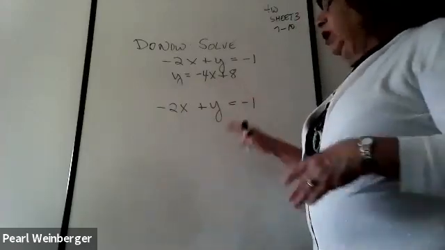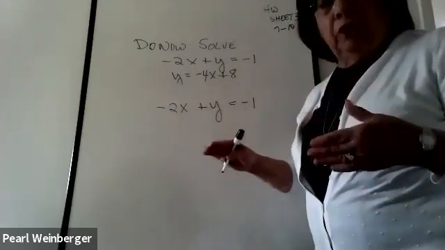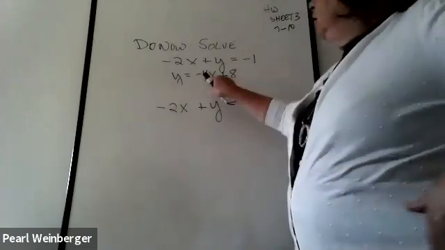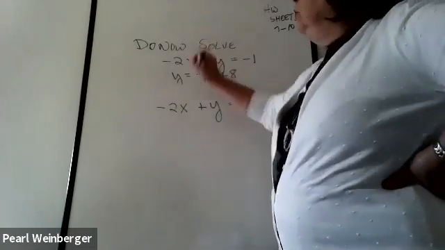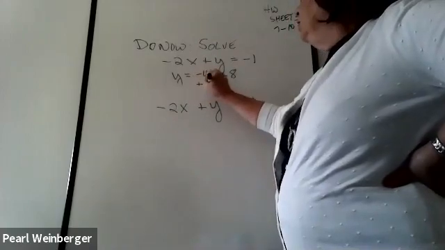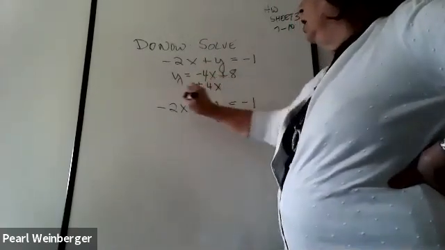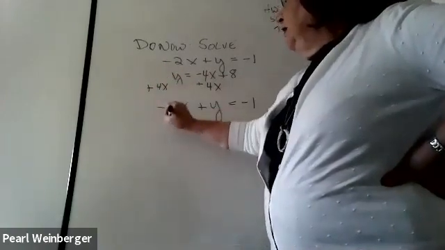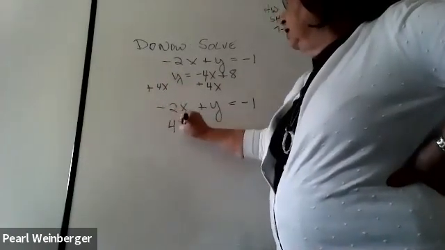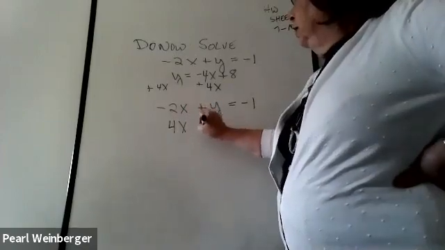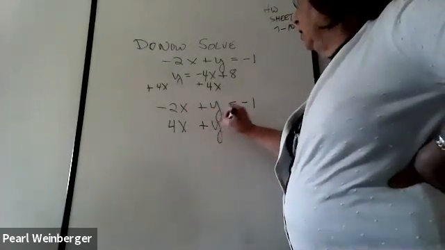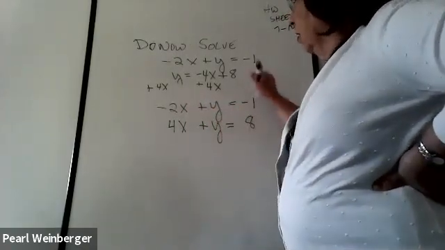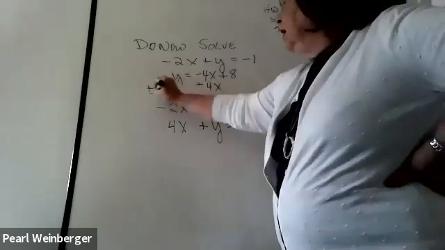So if we want to use the elimination method, we need both of them in standard form. So I have to get this negative 4x to the other side of the equation with the y. So I'll add 4x to both sides, and that'll give me 4x plus y equals 8.